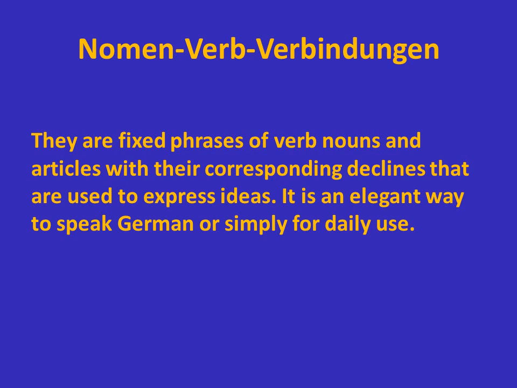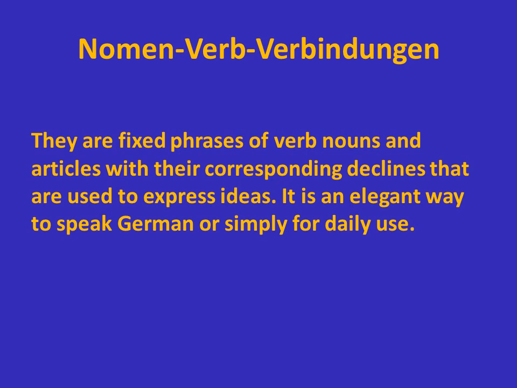I bring to you special phrases or special substantive and verb connections that are very used in everyday German language. They are a very elegant form to speak, but they are also very common. So if you want to understand German, you need to know the grammar, but you also need to know this connection between substantive and verb, and you also need to know these other kinds of phrases that are called Redensarten.